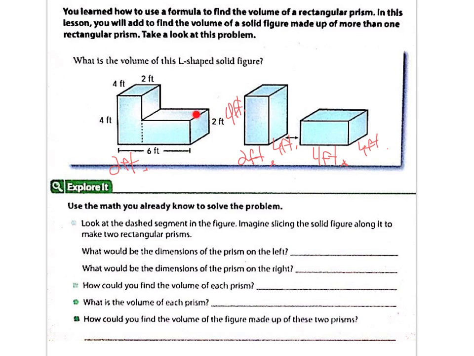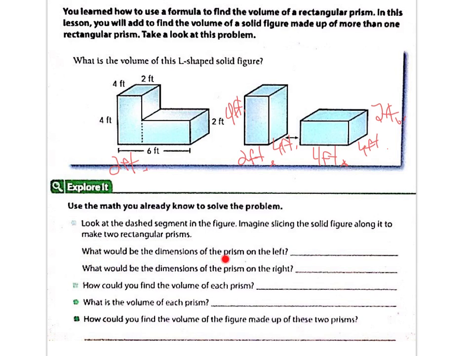It tells us it's 2 feet, and you can kind of see the height of that is about half of the height of the other figure that's 4 feet. So our height here is going to be 2 feet. Now we can very, very simply figure out the dimensions of each of these figures, which is what it asks you to do right here.